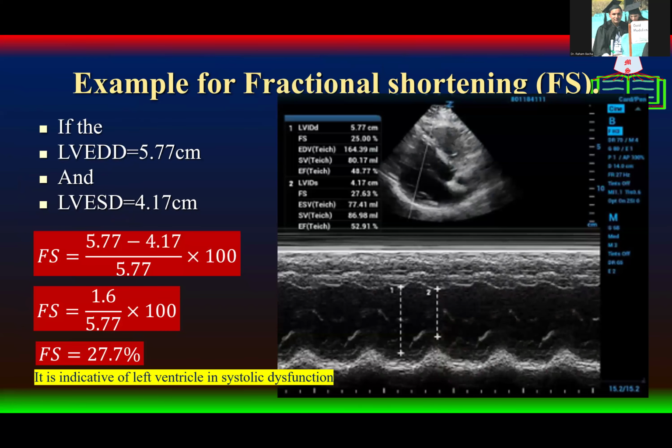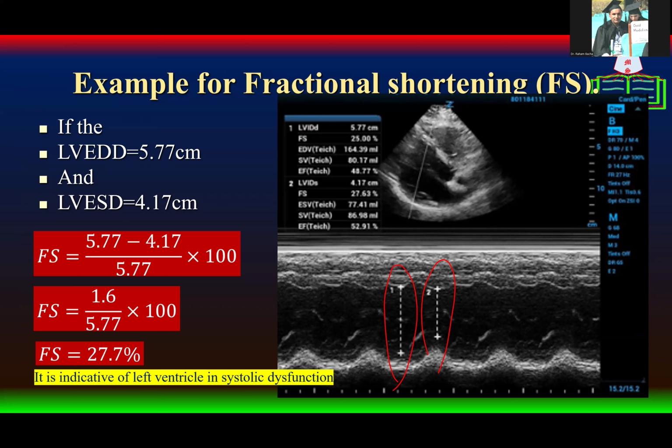As you can see in this example of fractional shortening, we have taken two values: internal dimension during diastole and internal dimension during systole. During diastole it was greater, measuring 5.77, and during systole it was smaller, 4.17.